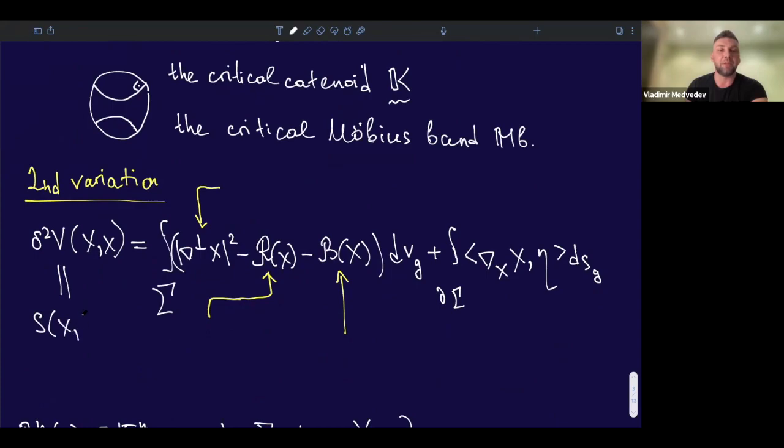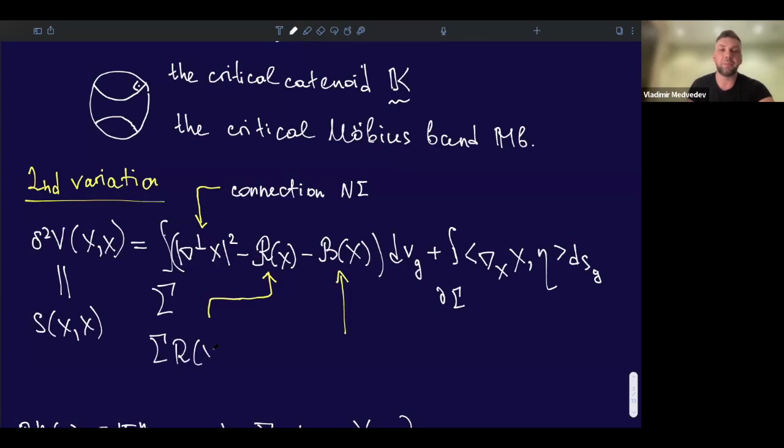I'm going to use the following notation. S(X,X) is the following quadratic form. You see the very long formula here. Let me just explain the notation. Nabla perp is the induced connection in the normal bundle of sigma. R_X is a Ricci type operator, which looks as follows.